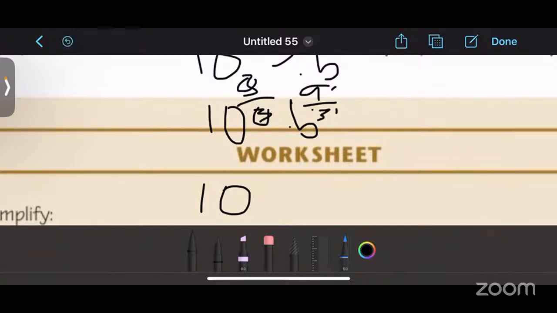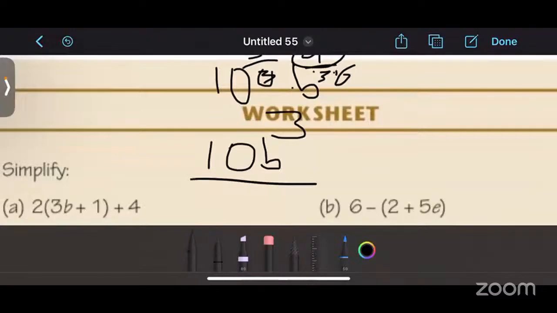So I'm not going to write 10 to the power of 1. Then b has a power of 9 over 3, and 3 goes into 9 three times. So our answer is 10b to the power of 3.